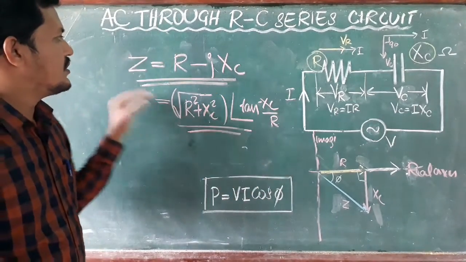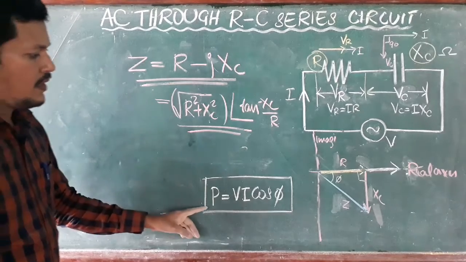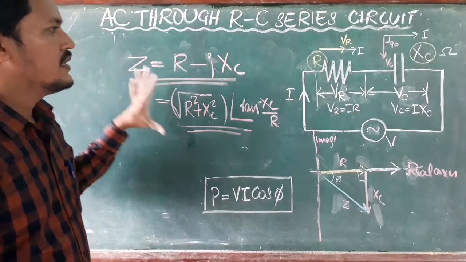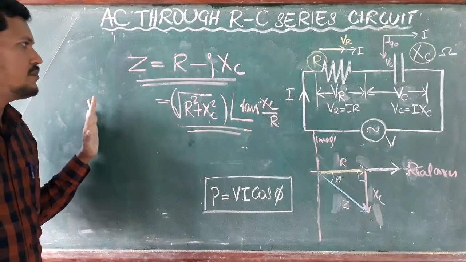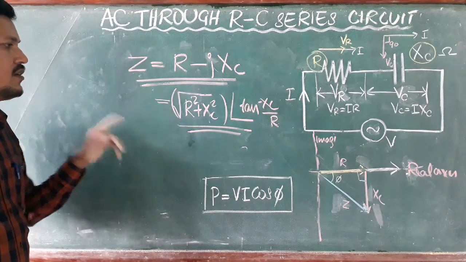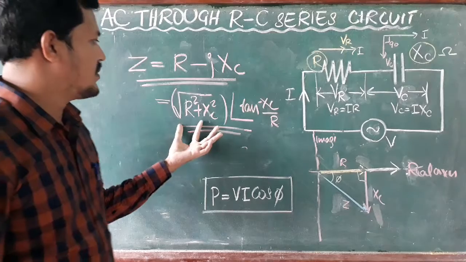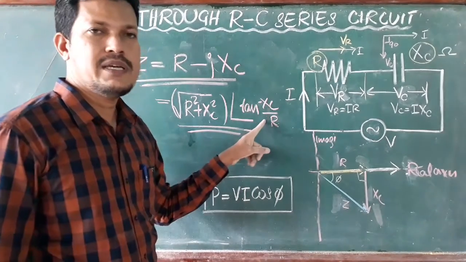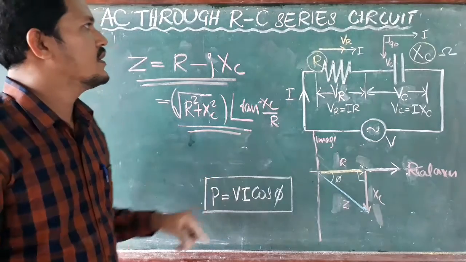Next we discussed power: P equals VI cos phi. Then we converted the values into complex numbers: R minus jXC, or in polar form, root of R square plus XC square at an angle of tan inverse of imaginary part by real part. Clear? Thank you.